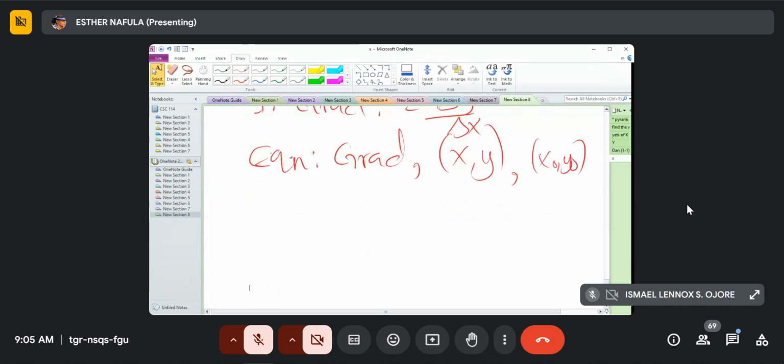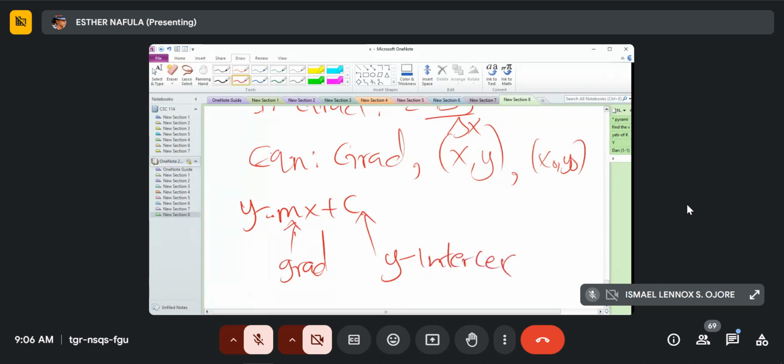So if you're given, for instance, okay, this is not part of the notes again. I'm just refreshing you guys on how to determine the equation of a straight line. y equals mx plus c, where m is the gradient, c is the y-intercept. The y-intercept is the value of y when x is 0, x-intercept is the value of x when y is 0.